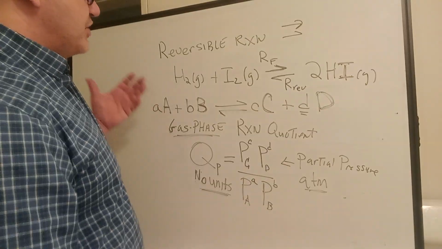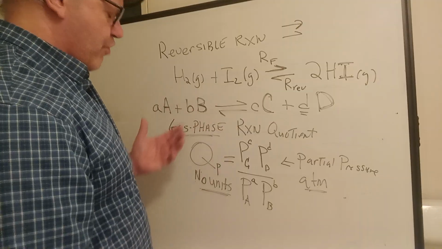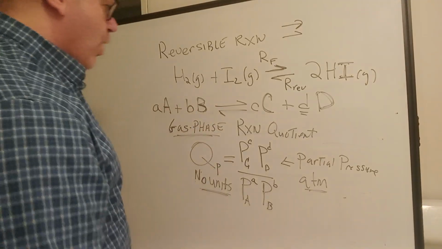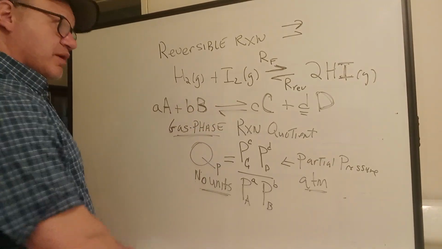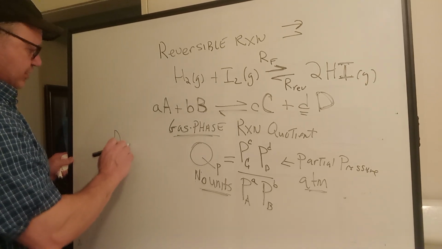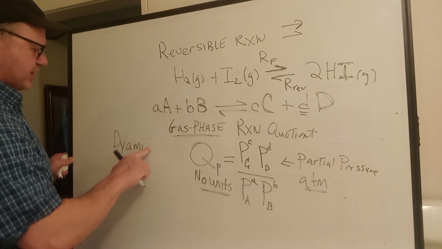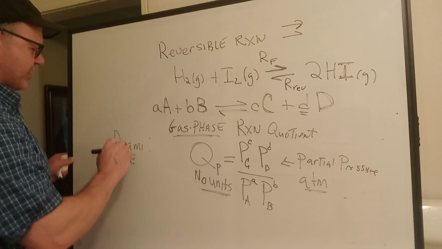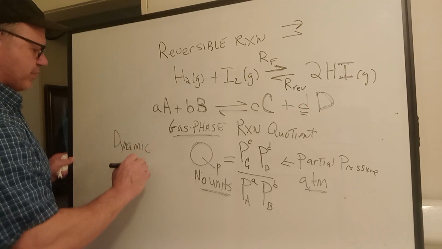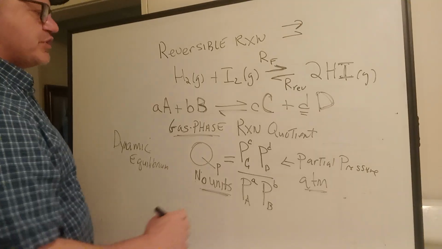Now, that's a generic representation of a reversible system. In the case of equilibrium, so now let's switch the topic, but it's related, when you're in dynamic equilibrium, something particular happens.